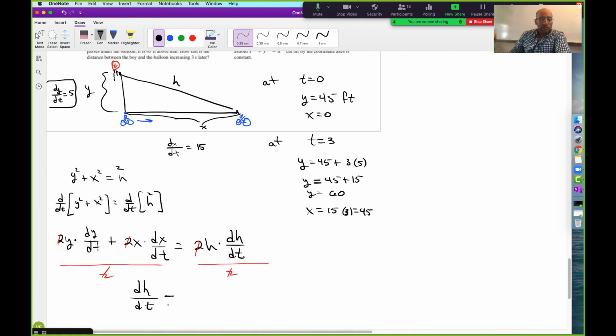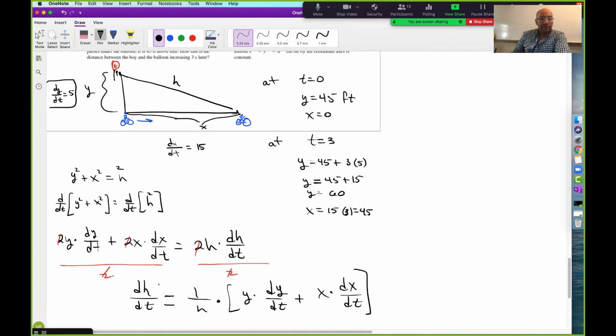So dh/dt is going to be equal to 1 over h times y times dy/dt plus x times dx/dt. Is that okay? I just multiplied both sides by 1 over h, and I just flipped it around a little bit.